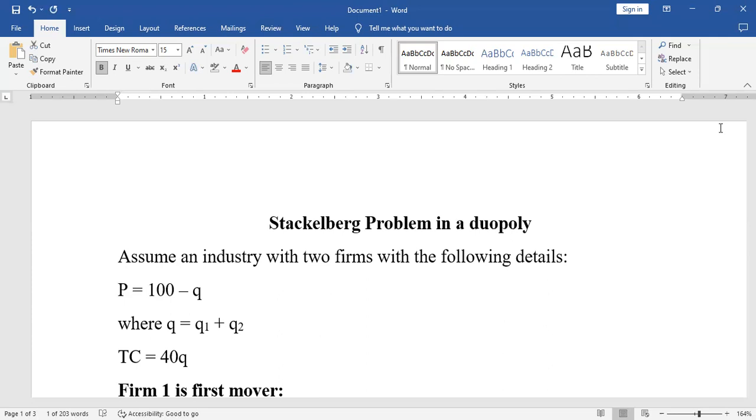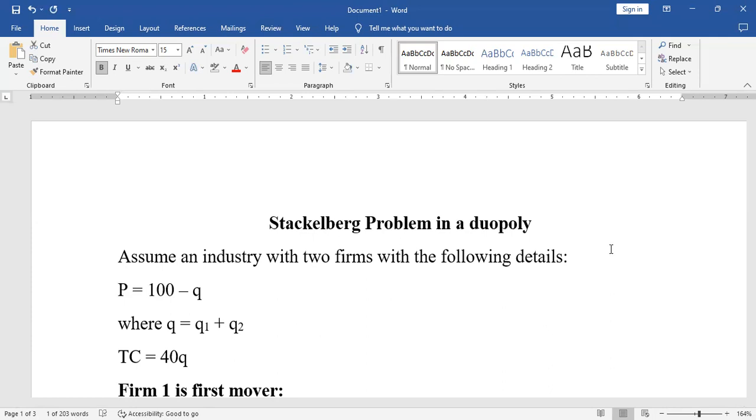So the optimization point for all the markets is the same: MR is equal to MC. The exception is a firm operating in perfect competition. For a firm operating in oligopoly, monopolistic competition, or monopoly, its MR is equal to MC.